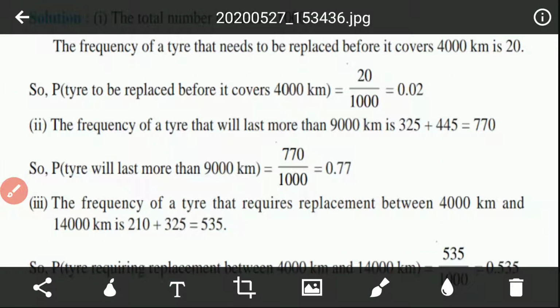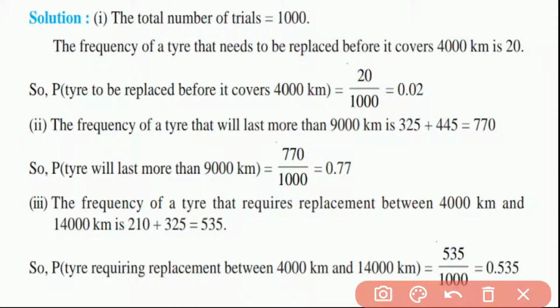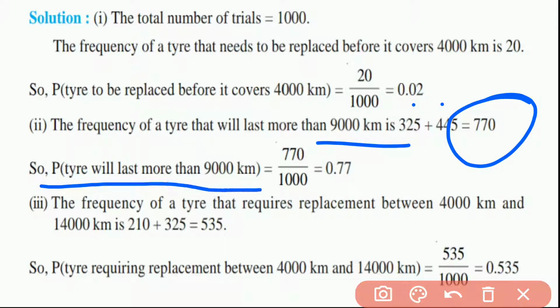In the second scenario, 9000 and above was given, so we take the 9000 to 14000 frequency of 325 plus above 14000 with frequency 445. When we sum up, that is 770. So the trial for more than 9000 is 770 divided by 1000, which is 0.77.